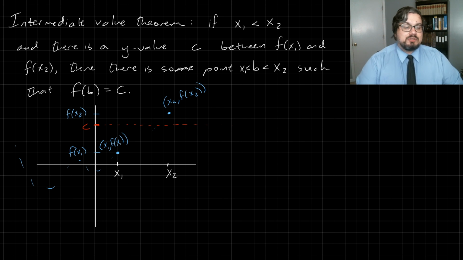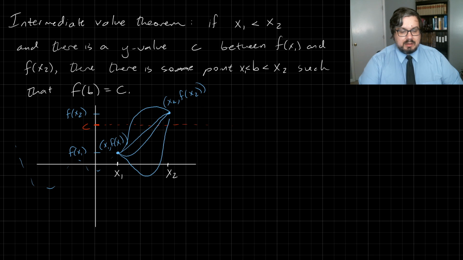And now I'm going to try to sketch in what the graph of this function might look like. And there are lots of different ways that that could go. The function could do something like that. It could go up and around like this. It could go very directly. It can go way down here and then come back up.